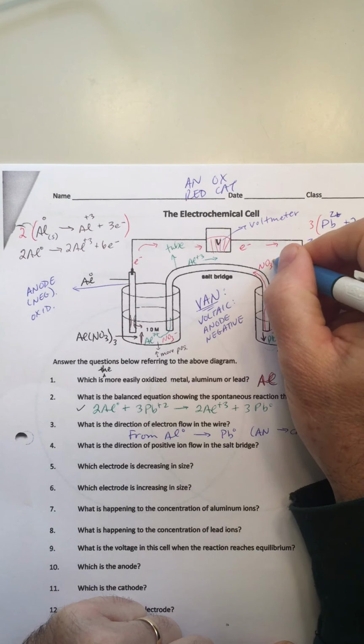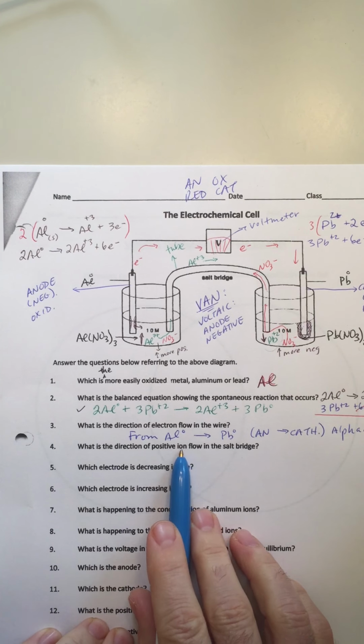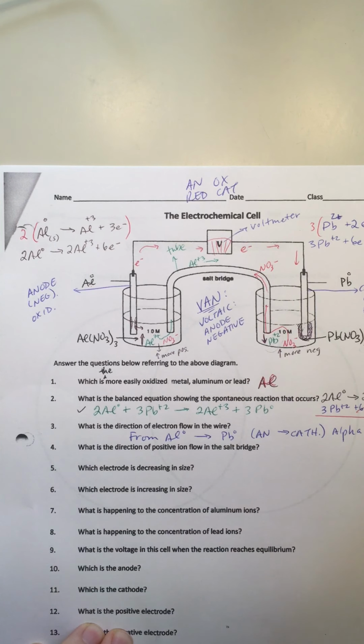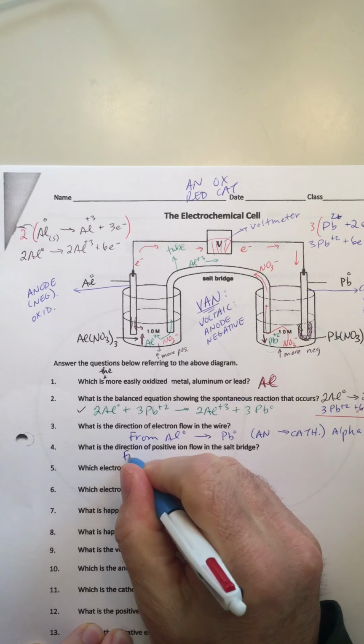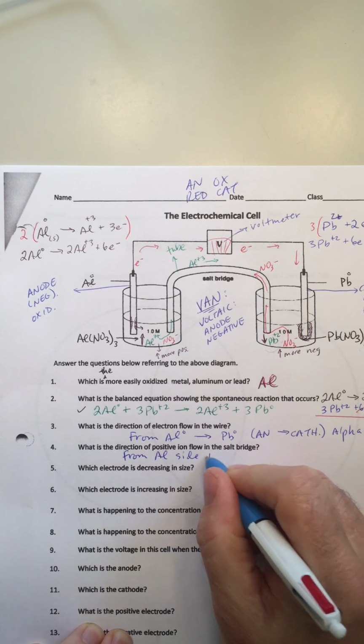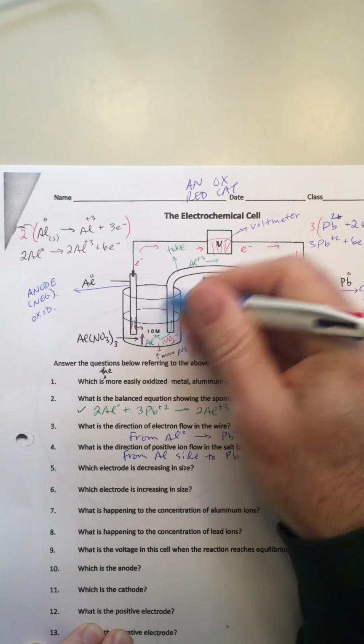So NO3 goes this way. Okay? So what is the direction of positive ion flow in the salt bridge? It's going to go from the aluminum side to the lead side. That way it's going to even it out.